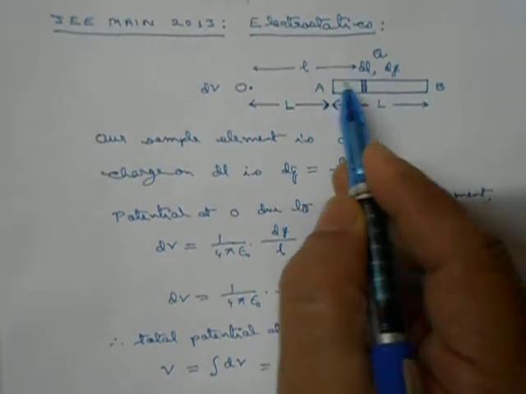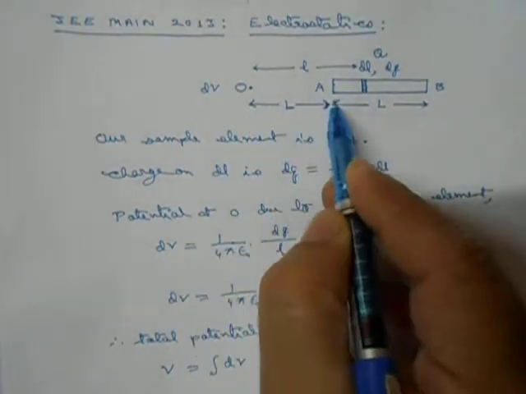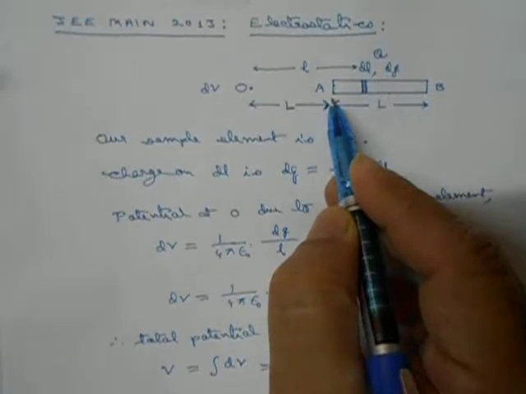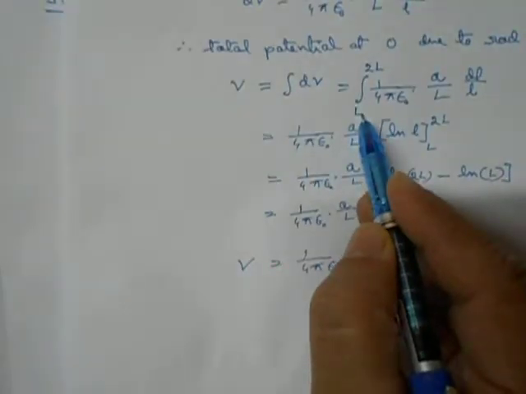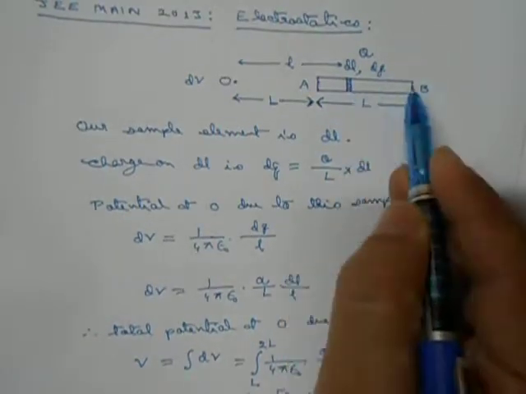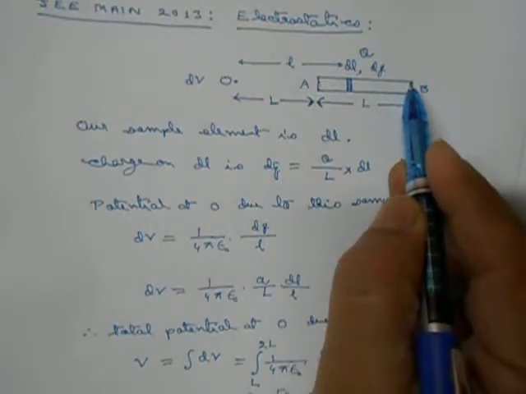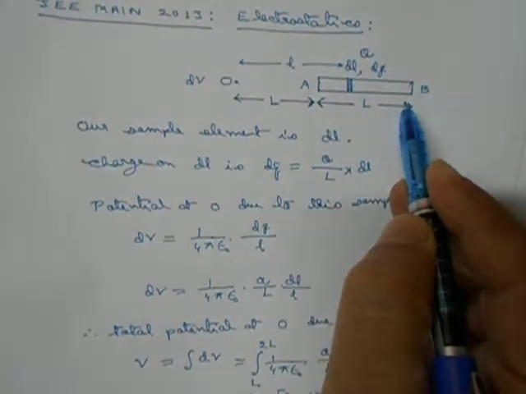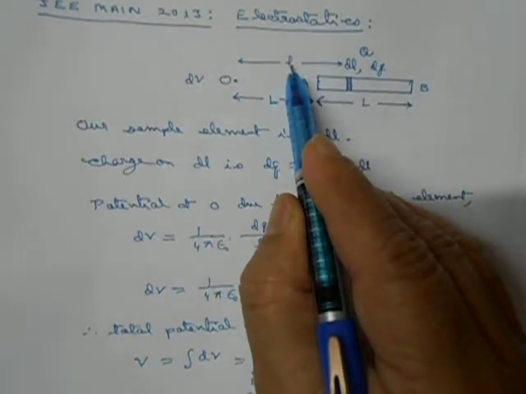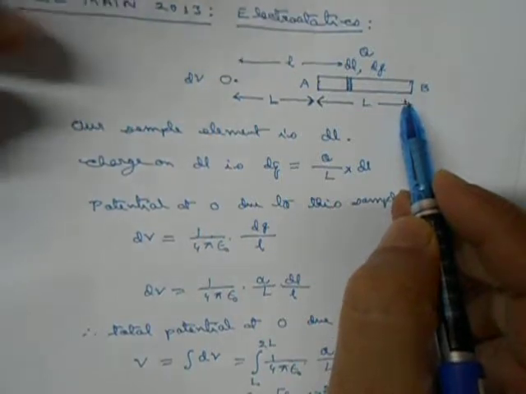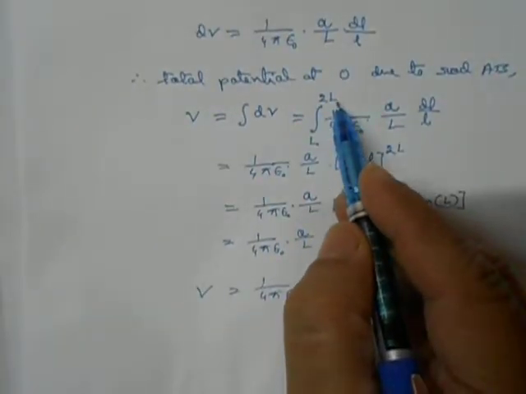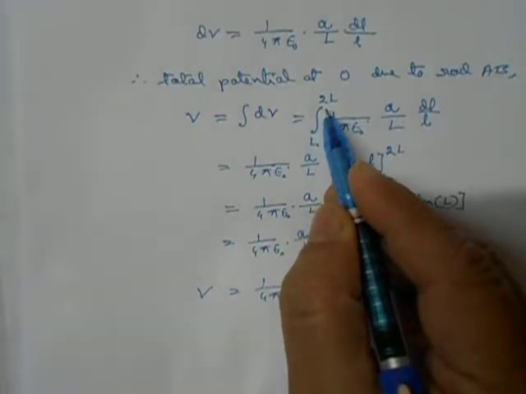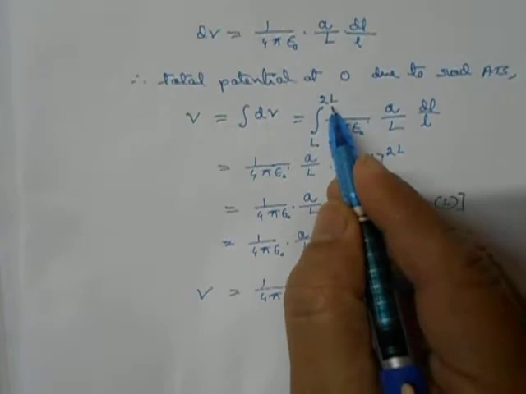So when this sample element is here, the value of small l will be capital L, or you can say the smallest value that small l can take is capital L. That's why the lower limit is capital L. When the sample element is at this end, at B, its distance from this point will be twice L, so we can say the maximum value that small l can take is twice L. That is why in the integration the upper limit was twice L. So when we have an integration in a physics problem, this is the way we have to think about what the lower limit and upper limit of integration will be.